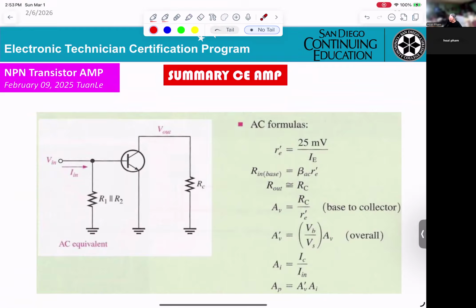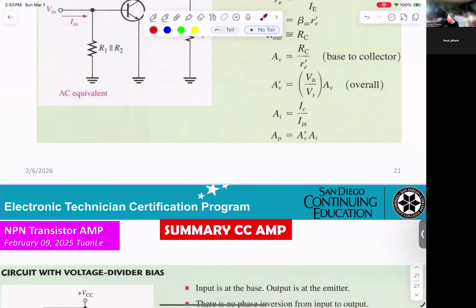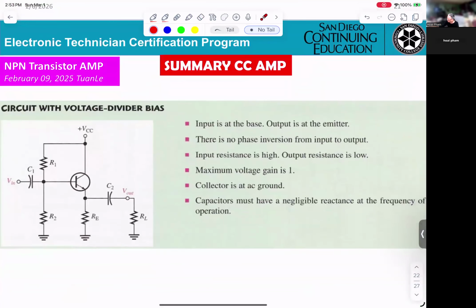From the base to emitter, now they get a resistance, and that resistance is R prime E, calculated by 25 millivolts divided by IE. Okay? So basically, this is just a summary for you. Common emitter, common collector, common base.